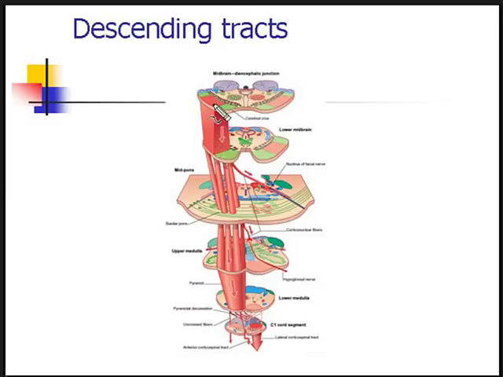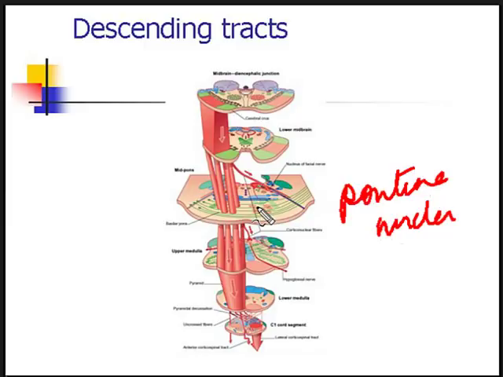This corticospinal corticonuclear was a whole tract. But when it came to the pons, these tracts got broken up into smaller parts because of the presence of little nuclei, which are called pontine nuclei. So that's what we are seeing now at the level of the pons.